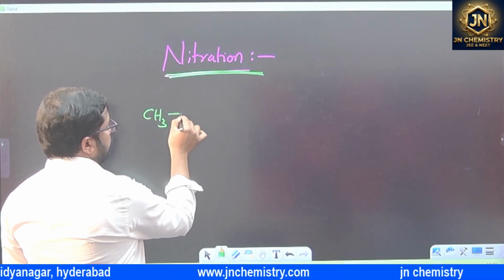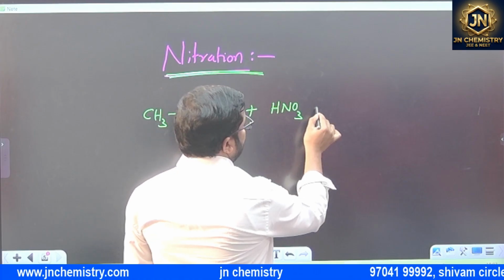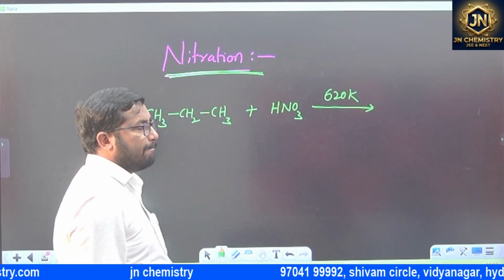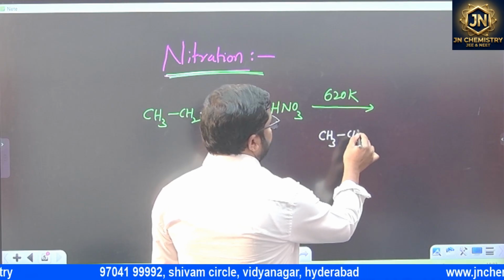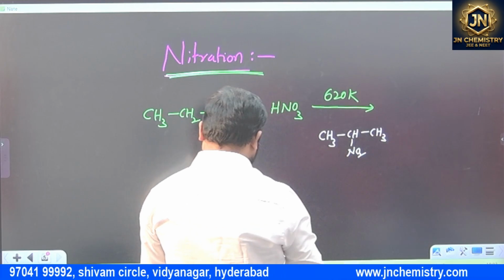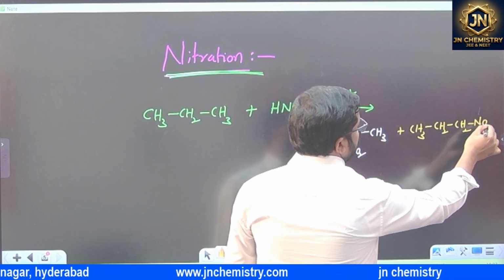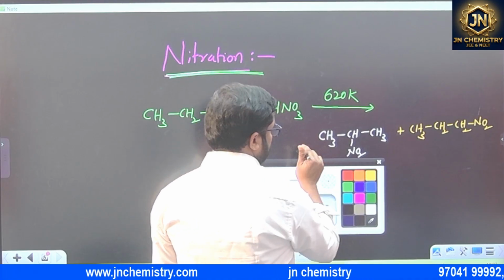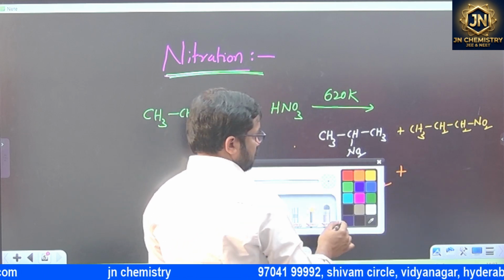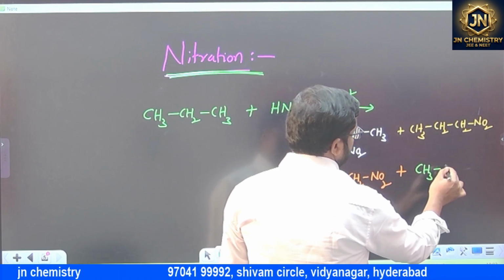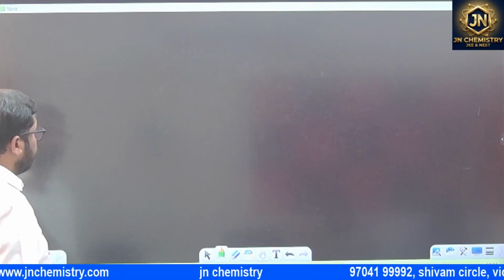For example, if you take propane, CH3-CH2-CH3, with HNO3 at 620 Kelvin, we get a mixture of products: 2-nitropropane, plus 1-nitropropane, plus nitroethane, plus nitromethane. So a mixture of products we get in nitration. Write it down. Next, sulfonation.